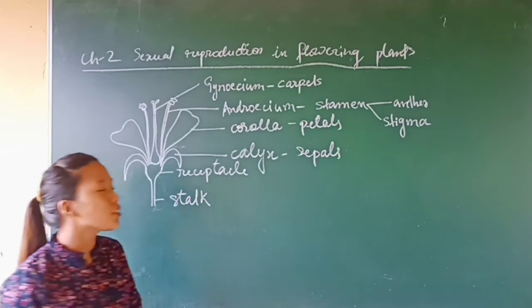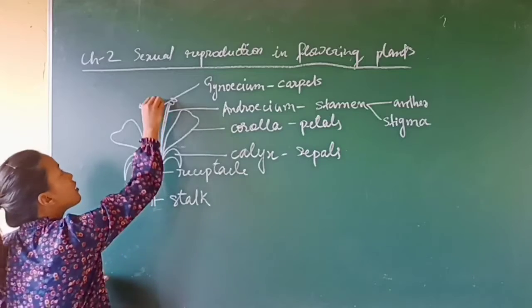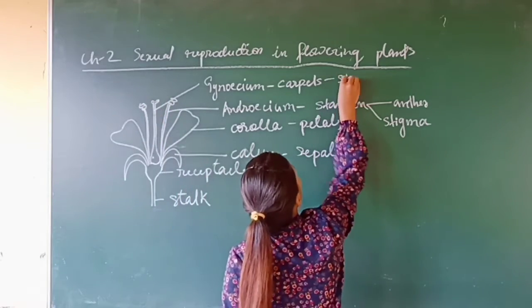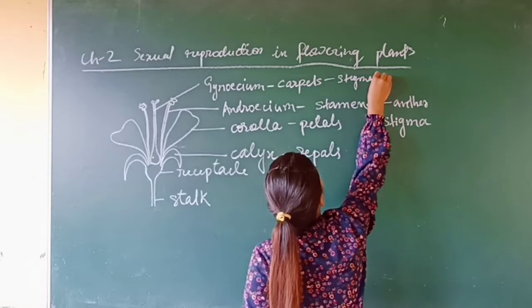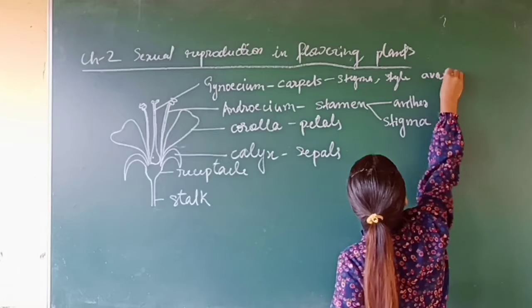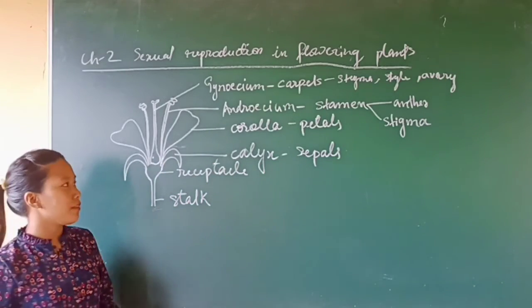So a carpel consists of 3 parts, that is stigma, style, and ovary. I'll just write it down here: stigma, style, and ovary. So these are the parts of a typical flower.